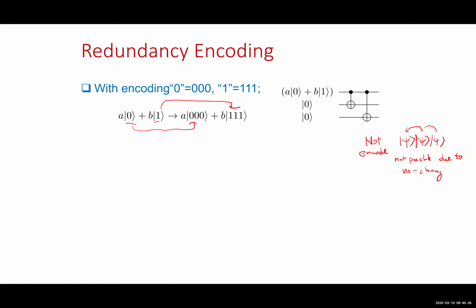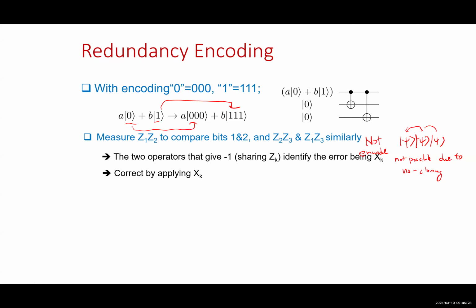We have seen more complicated circuits. In order to correct, you have to see the majority vote. You need to know how many got flipped. But you don't want to directly measure each qubit, because that would collapse the wave function. Let's say if you measure 0 or 1 in this qubit, then we collapse to either A times 000 or B times 111.